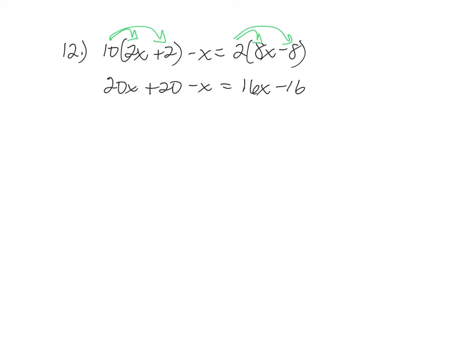So on this one, because I have 3 things over here on the left, I need to combine the 20x and the minus x. Okay, so I'm combining this and this. I get 19x plus 20.